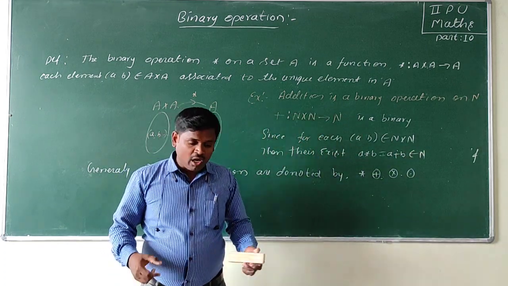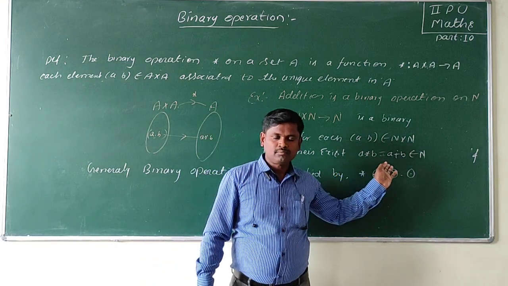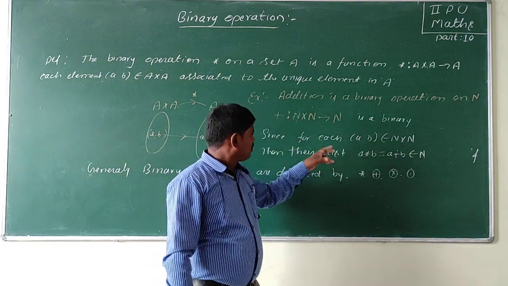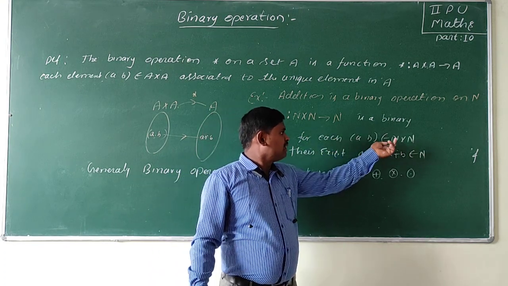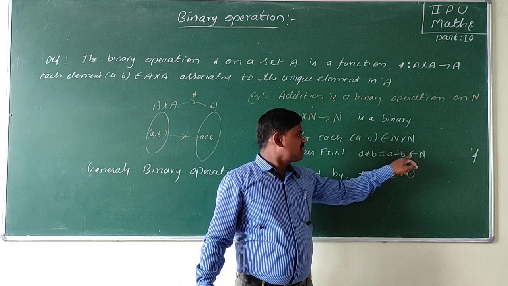That means the addition of any two natural numbers is also a natural number. Is it clear? So whatever ordered pair we take in N cross N, a plus b is also a natural number.